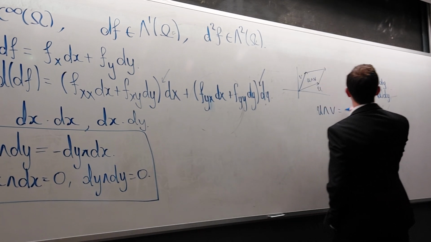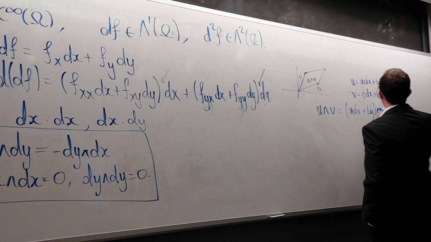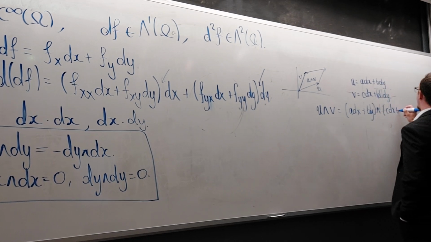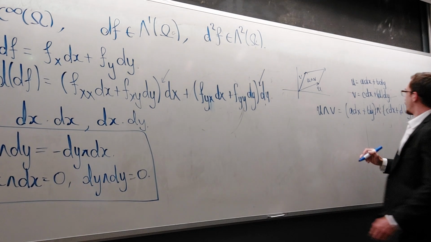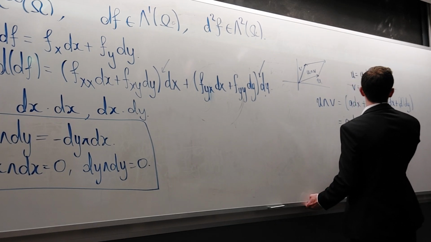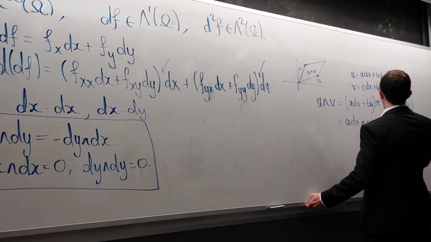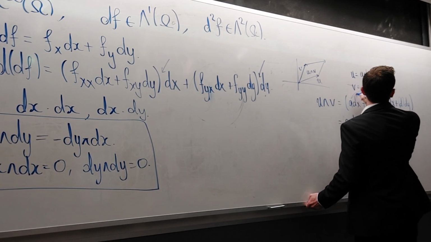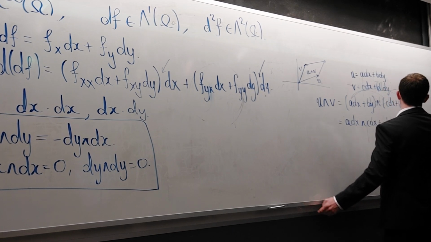Okay, so what do I get? I take a dx plus b dy, wedge c dx plus d dy. Okay? I'm going to assume that it's distributive, so I can expand out in the usual way. So I have a dx wedge c dx, and then I have a dx wedge d dy.